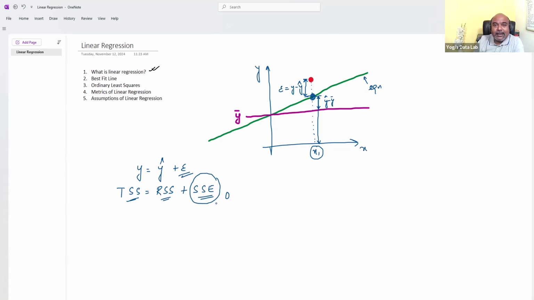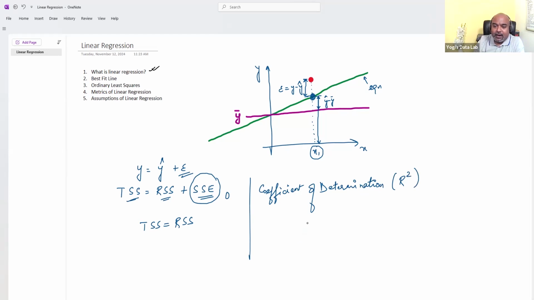So whenever my errors are 0, my TSS becomes equal to RSS. This gives birth to a concept known as coefficient of determination, which is known as R square, and R square is defined as RSS divided by TSS.